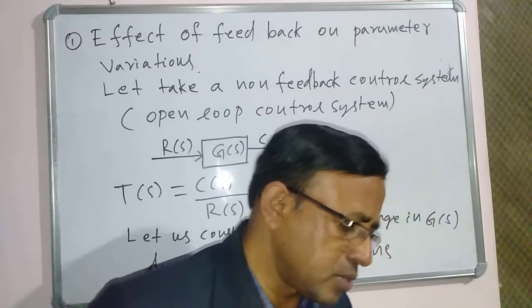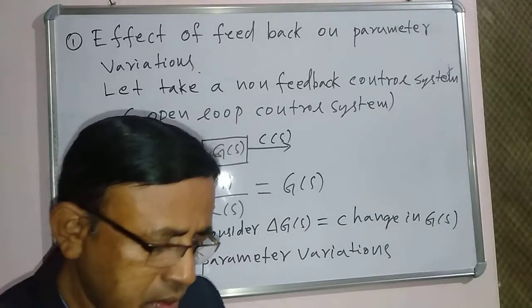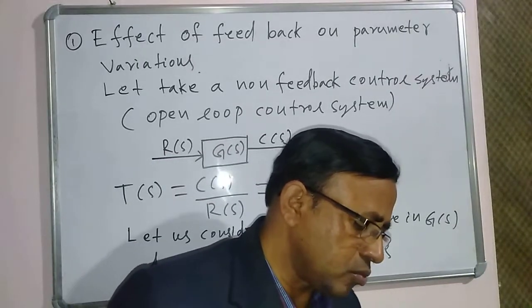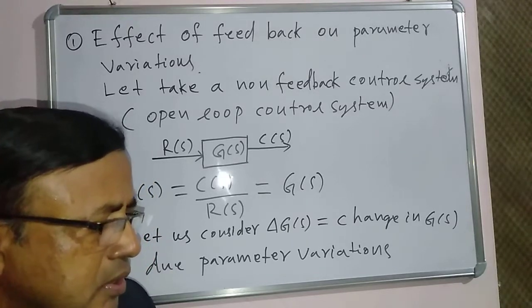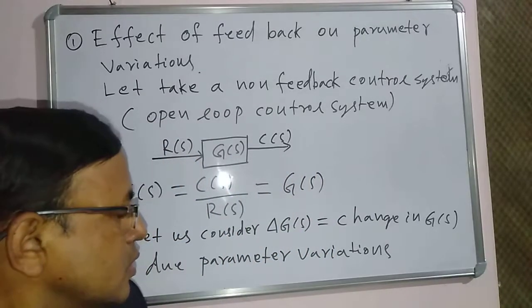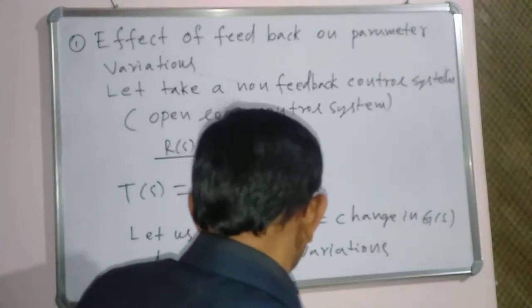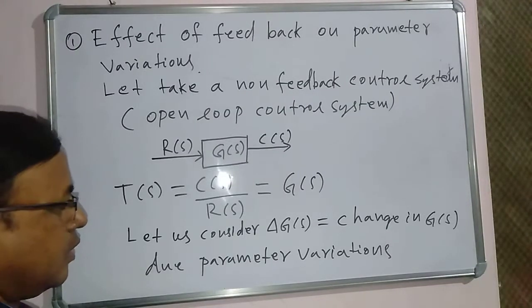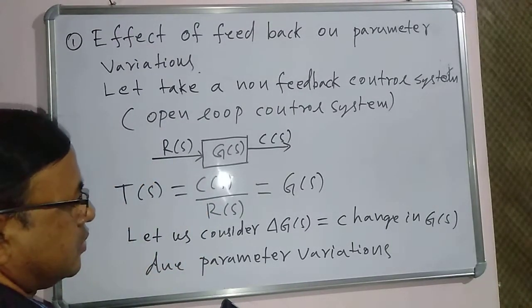Similarly, in case of a PMMC instrument, if we take it from a cold place to a hot place, then the parameter, that is the resistance of the control spring, changes and current also changes. So that depends upon environmental conditions. So let us consider del G(s), that is the change in G(s) due to parameter variations.